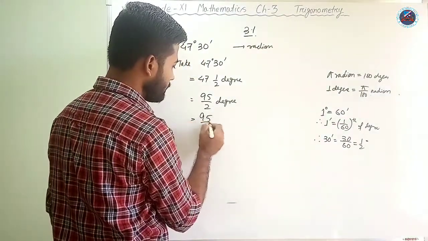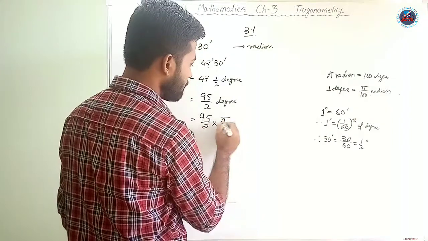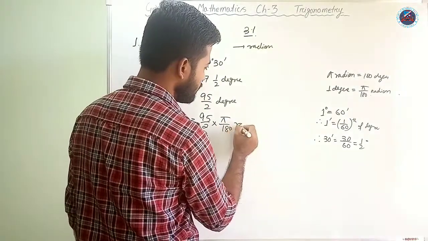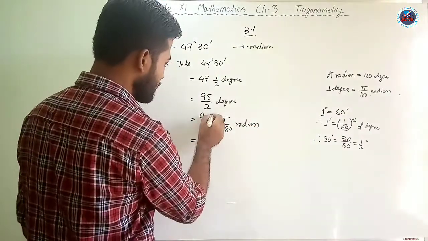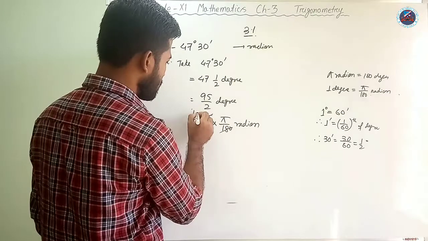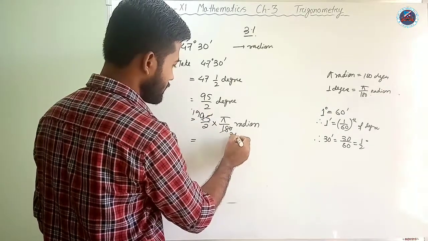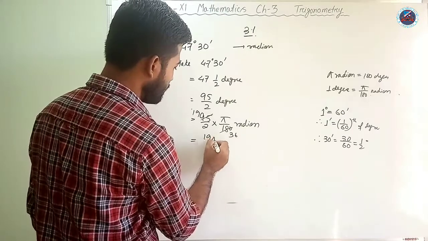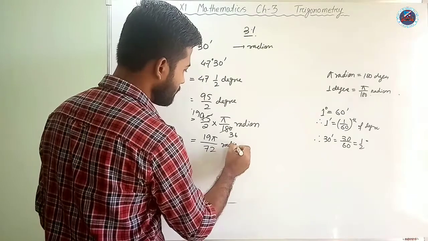So we have 95 by 2 into, in place of degree replace it by pi by 180 radian, and that will be equal to, just cancel out with 5: 5, 1, 5; 5, 9, 45; 5, 3, 15; 5, 6, 30. So we have 19 pi by 72 radian.